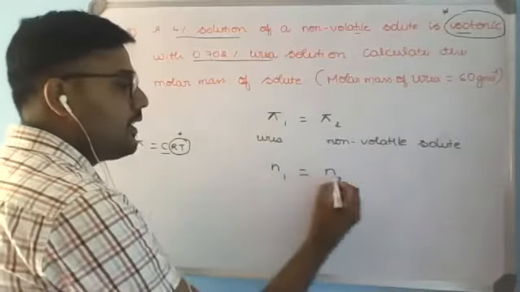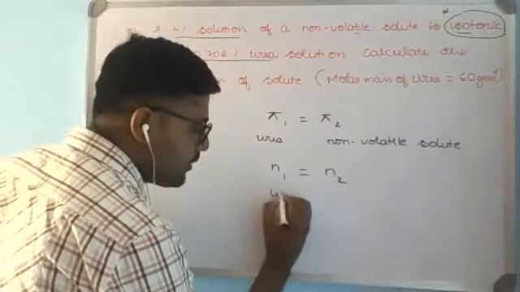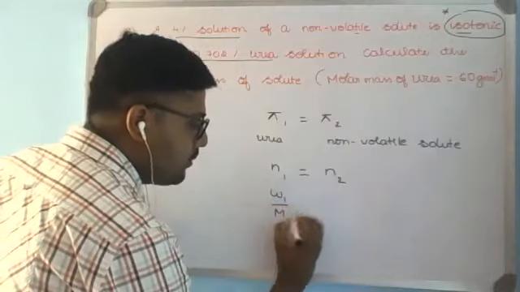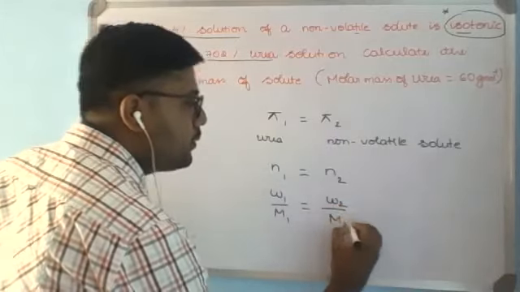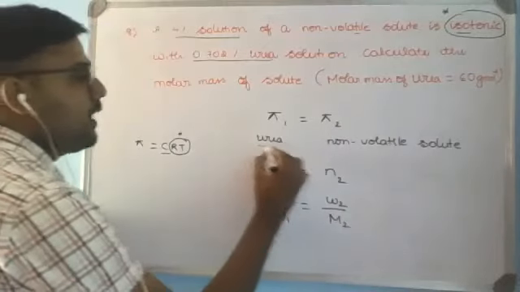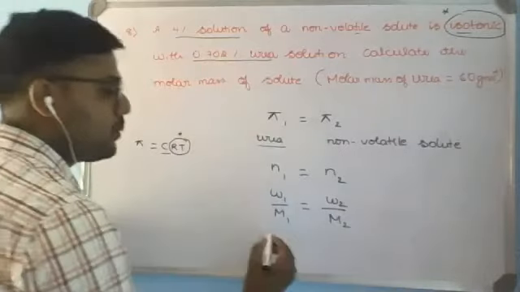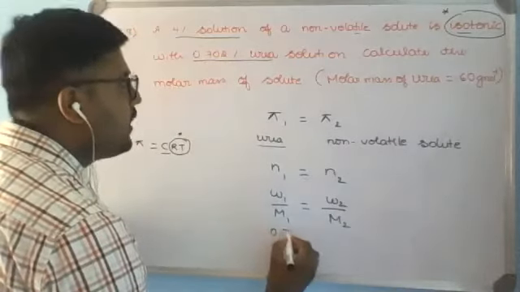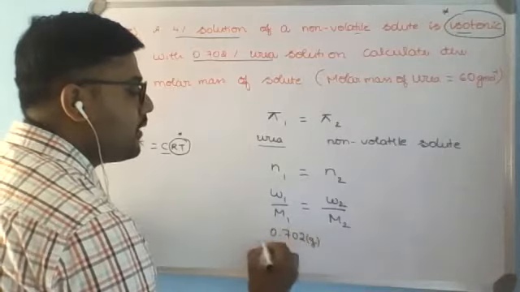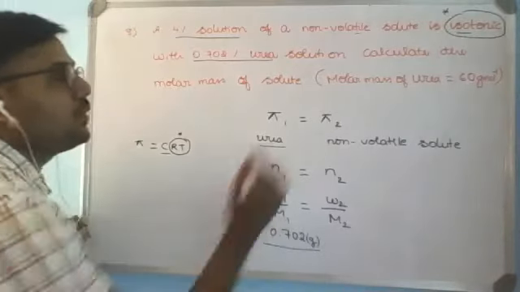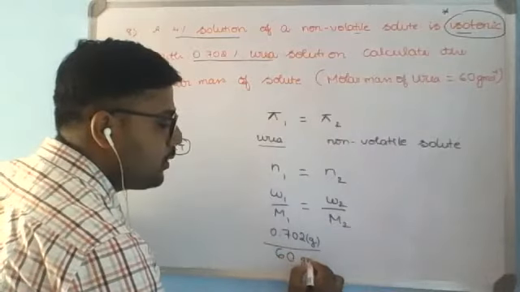Now to consider n1 and n2, we'll use the definition of number of moles. n1 is W1 by M1, n2 is W2 by M2. With respect to urea, the mass of urea, 0.702%, refers to 0.702 grams, divided by the molar mass of urea, which is given as 60 gram per mole.